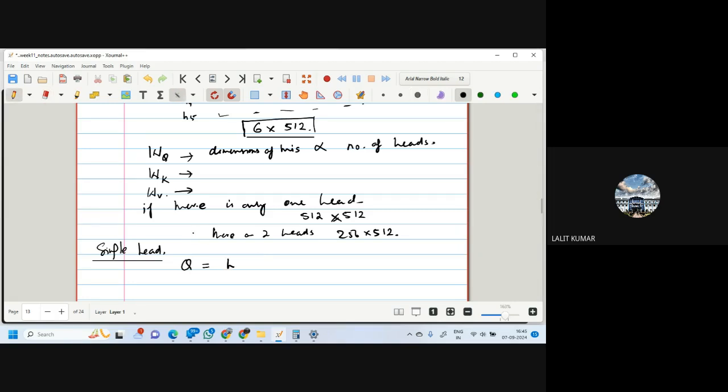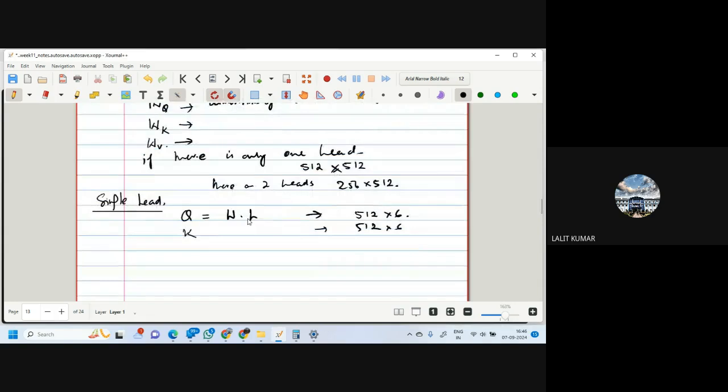So Q is W into H. We will match the dimensions later. So this becomes 512 into 6. Similarly, we get K with 512 into 6 dimension, and V also 512 into 6. So these are the matrices, having one vector for each word. There are 512 values for each word.